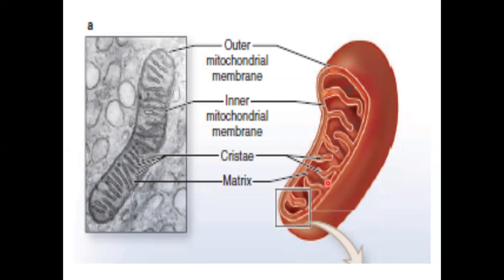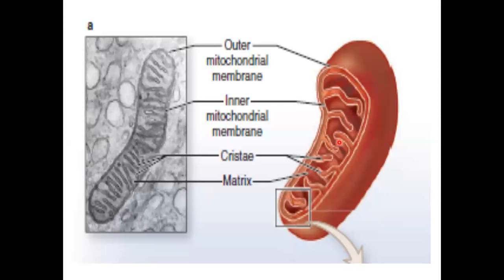Now let's observe the inner membrane. The inner membrane has folds. You see the inner membrane goes like that, then folds on itself, back, folds, folds. So these folds are what we call cristae.